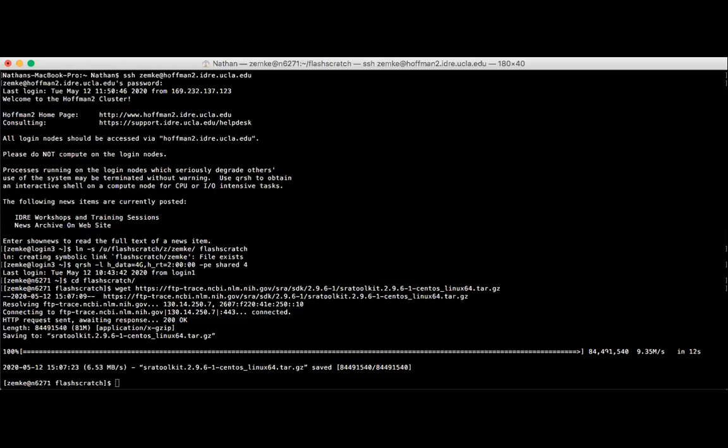Okay, so if you're having trouble making the symbolic link or the shortcut, make sure that there's no spaces after anything. Make sure you have the slashes in the right places and no extra spaces.